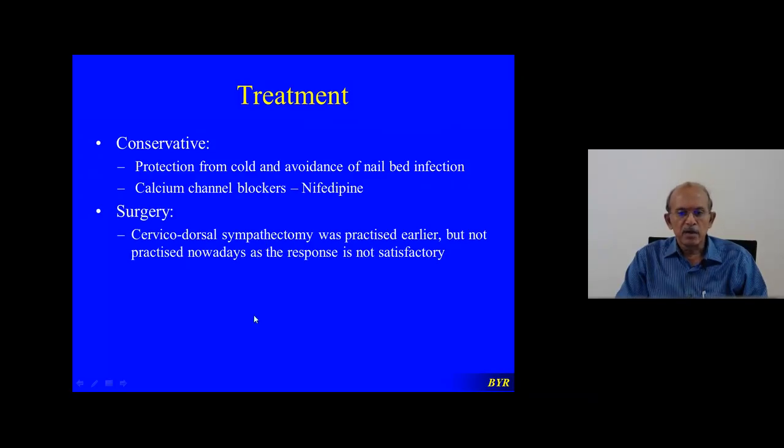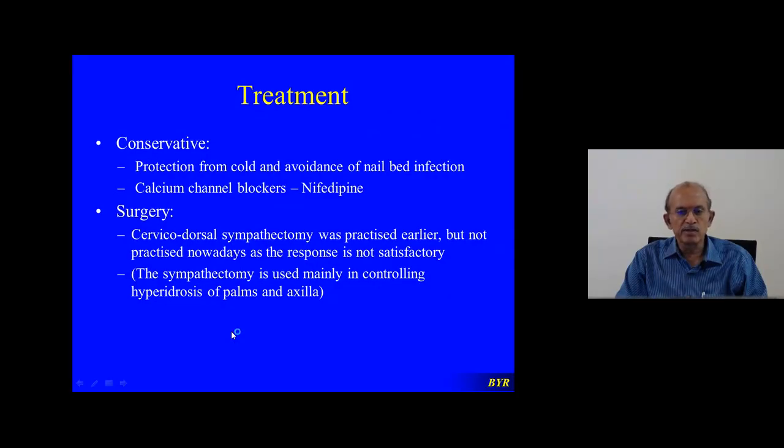Surgery: cervicodorsal sympathectomy was practiced earlier, but is not practiced nowadays as the response is not satisfactory. Now sympathectomy is reserved only for controlling hyperhidrosis of the palms and axilla. Some people have such troublesome hyperhidrosis that they sweat profusely in their palms.